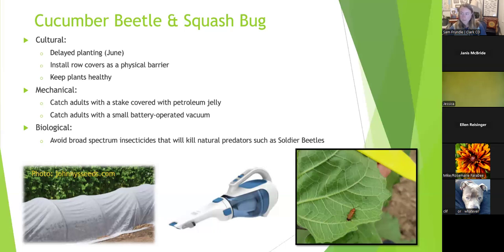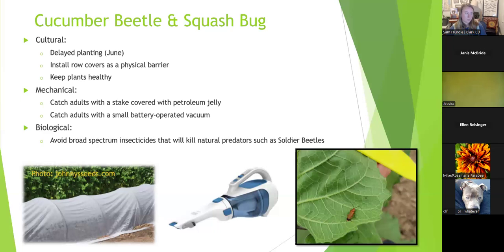We can install row covers as a physical barrier, as pictured in the photograph on the left. And then make sure we keep our plants healthy. I noticed at the farm when we did have an infestation, the plants the insects attacked were the squash that was the weakest, so to speak. So try to keep those healthy.